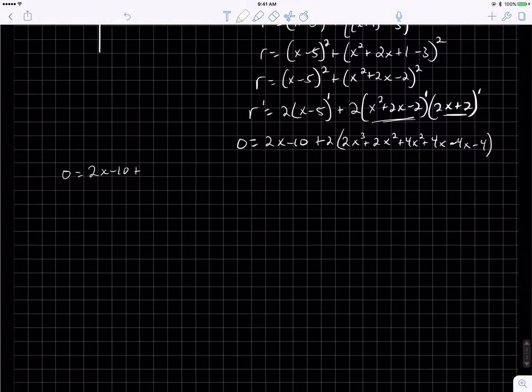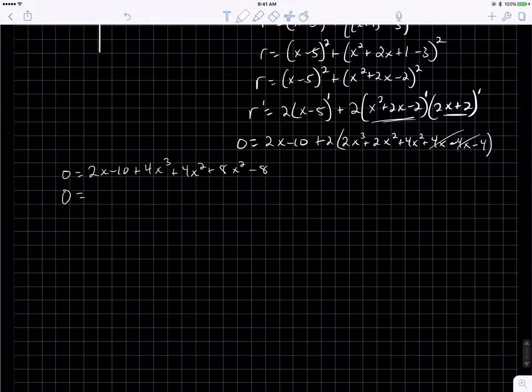Now I'm going to distribute the 2. So I got 4x cubed plus 4x squared plus 8x squared. These equal 0, so I'll skip those. Minus 8.